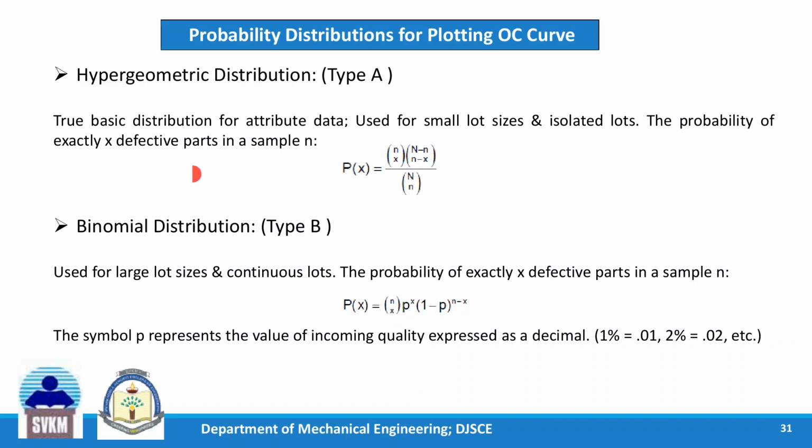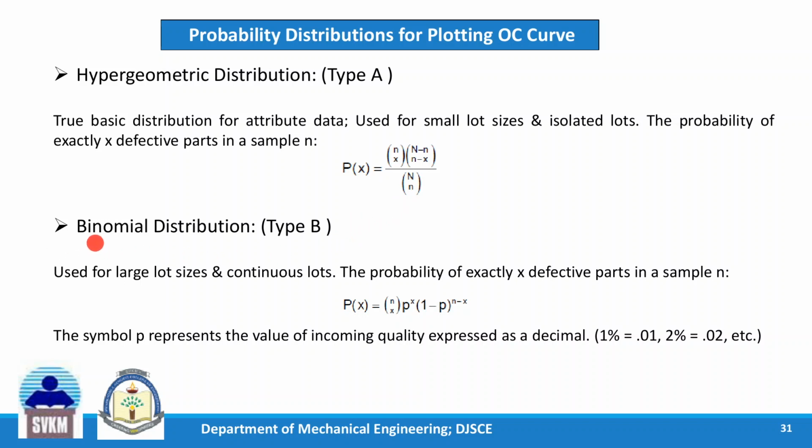The probability of exactly x defective parts in a sample of n is given by NCx times (N minus small n) C (small n minus x) divided by NCn.